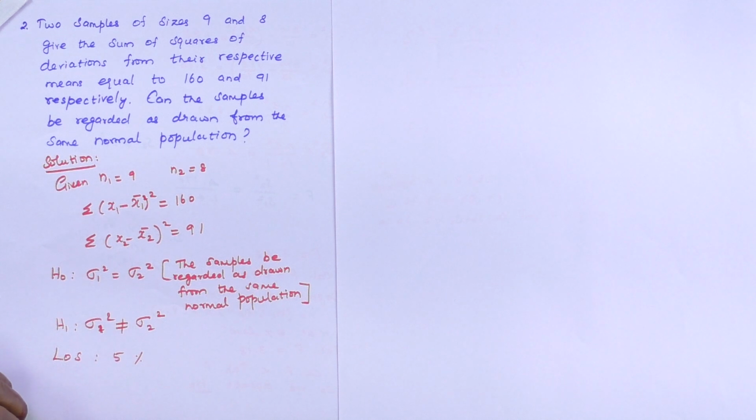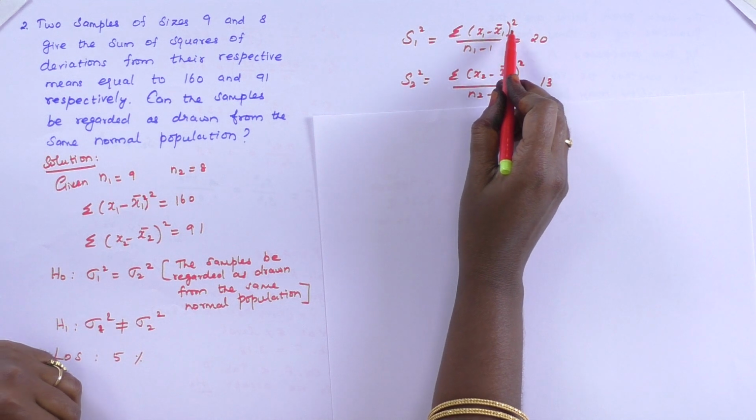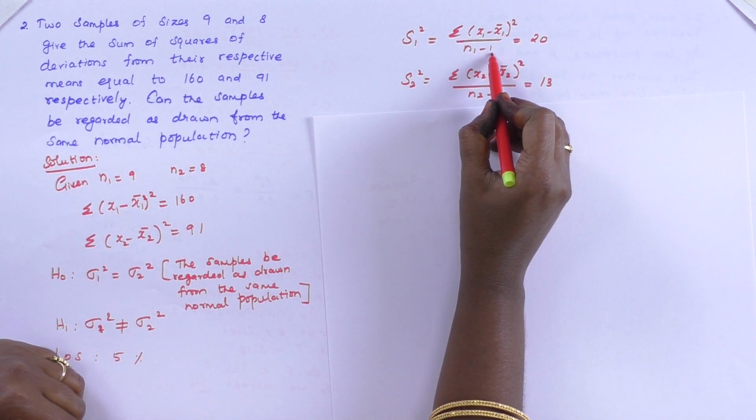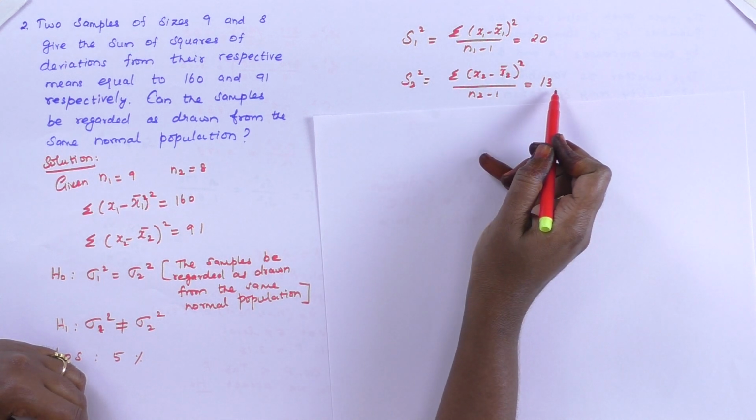Okay, next we want to calculate the test statistic for the F test. For that we want to calculate capital S1 square divided by S2 square, or S2 square divided by S1 square. S1 square is equal to the sum of (x1 minus x1 bar) the whole square divided by n1 minus 1, that is 20. S2 square is 13.